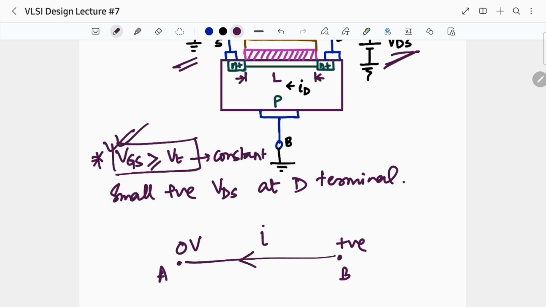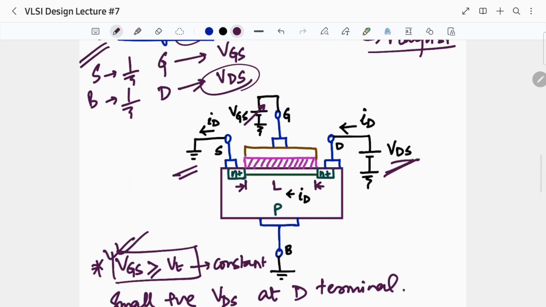Current will flow. Since current flows from this side, the flow of electrons will be on the other side. And since it is flowing from the drain end, it is termed ID, denoted by a small i with a capital D in the subscript.